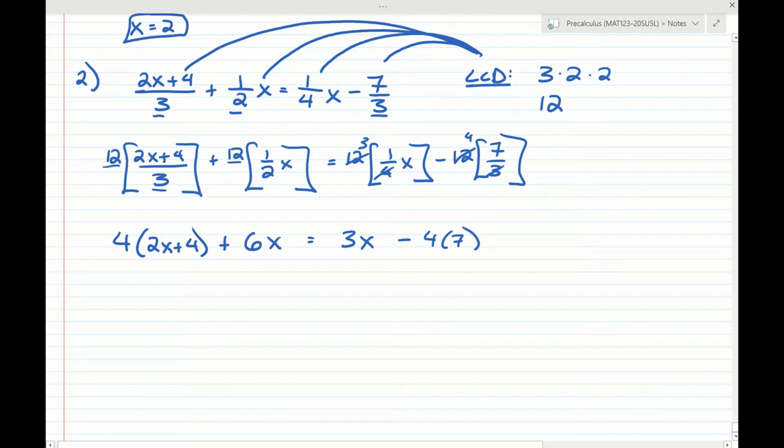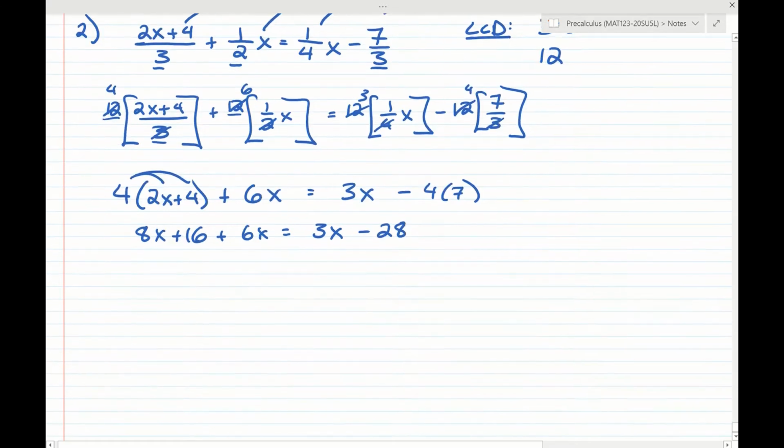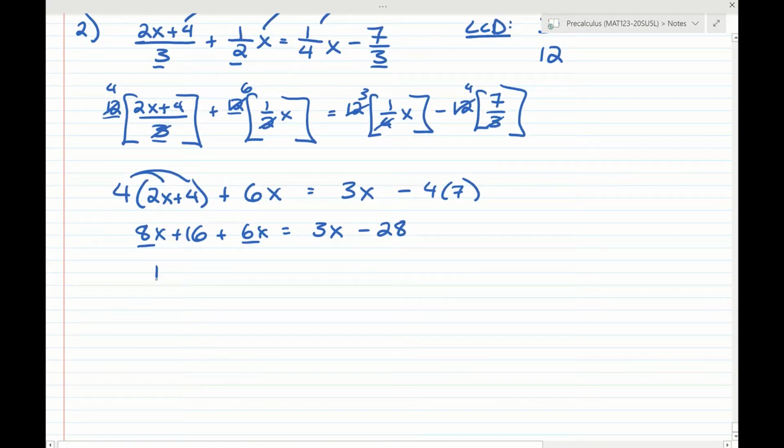So now let's clean things up. It goes into 12, 4 times, that's where that came from. That's where the 6 came from. So we'll distribute. This will be 8x plus 16 plus 6x is equal to 3x minus 28. Combine our like terms.